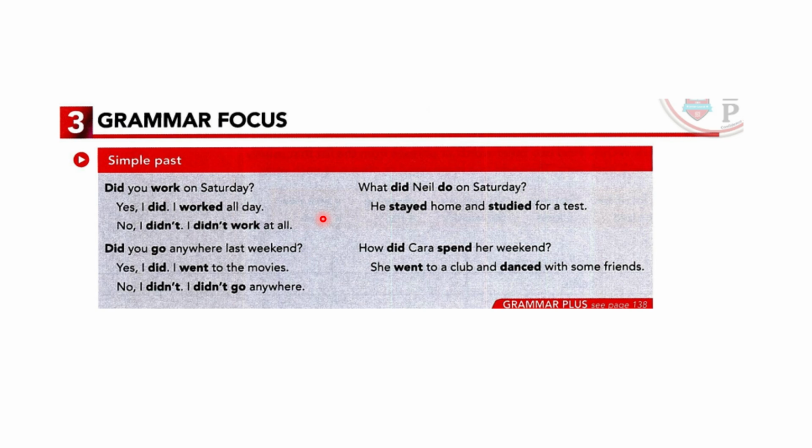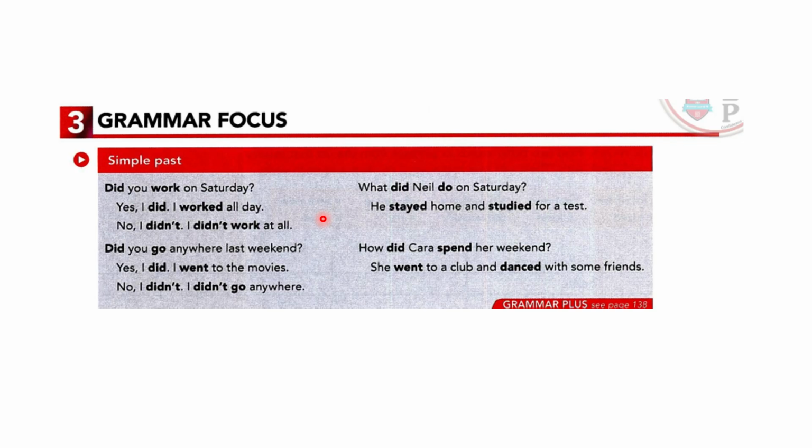That's why we use WH questions, to know more information. Information that a simple question using did, like this one, can't provide. Because remember, this is a yes or no question. You won't give me more information. But with this, I can know more.